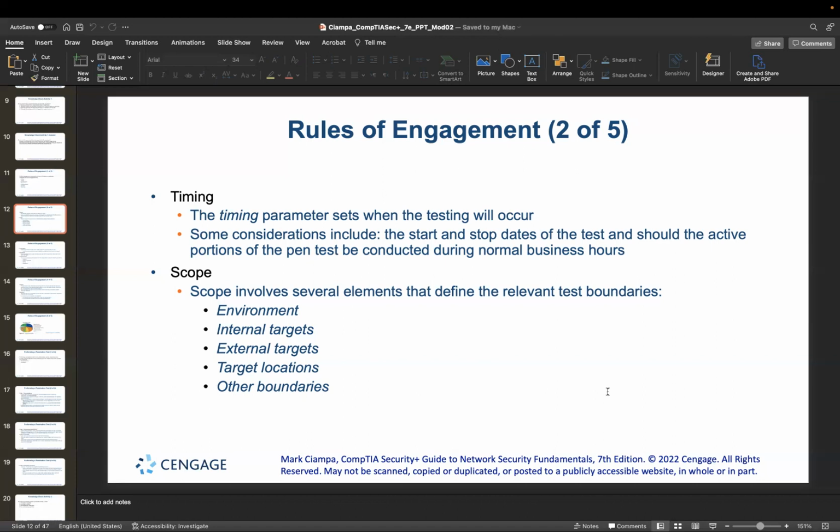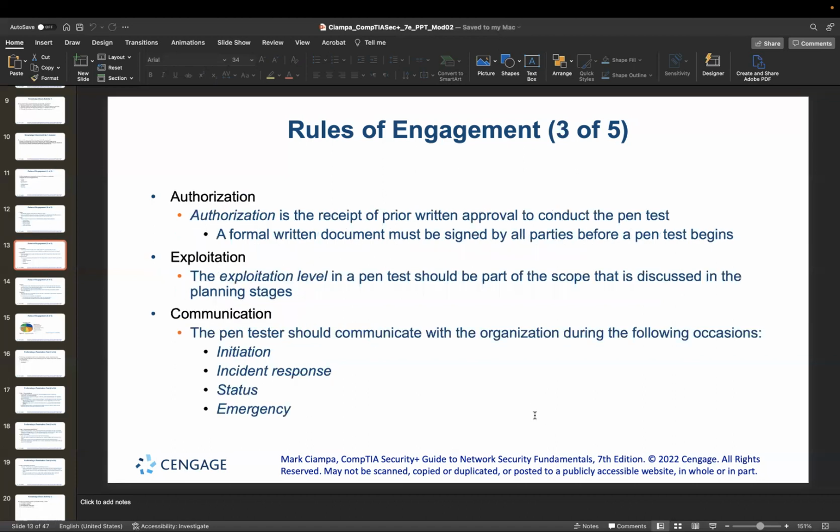They don't involve their classified documents like restricted, confidential, and those types of classified servers. So it's important to have a scope and make sure everybody understands what is to be tested and what should not be tested.